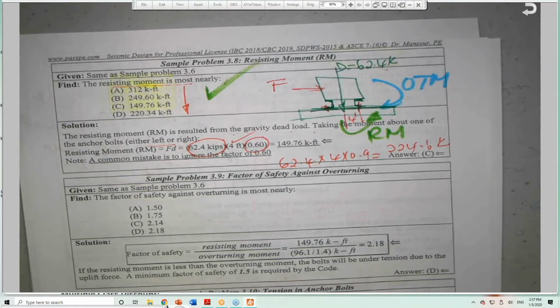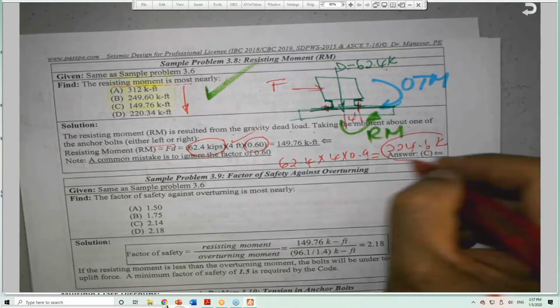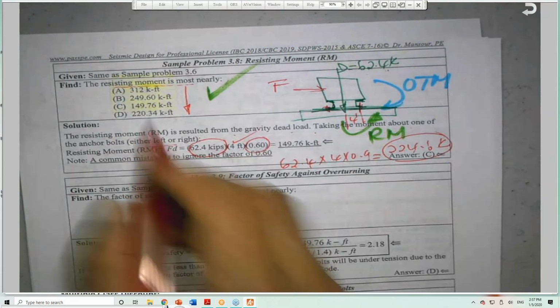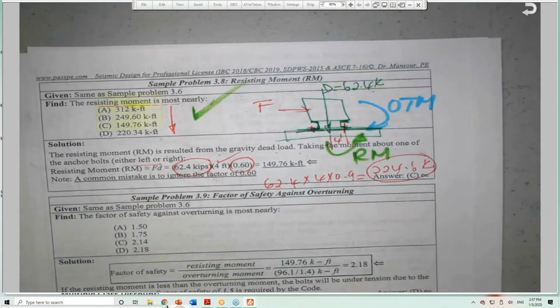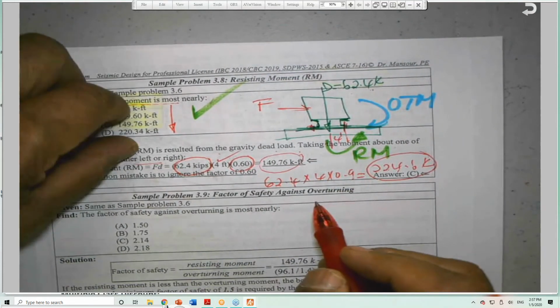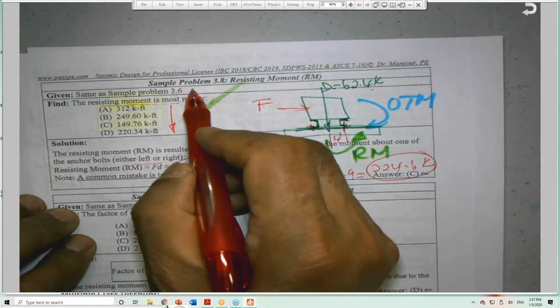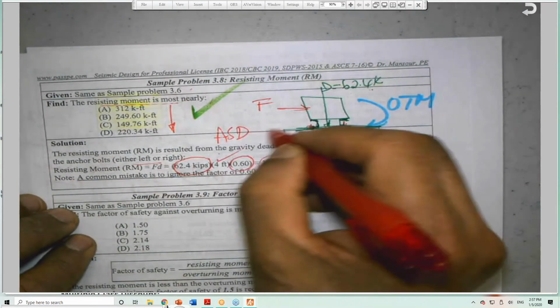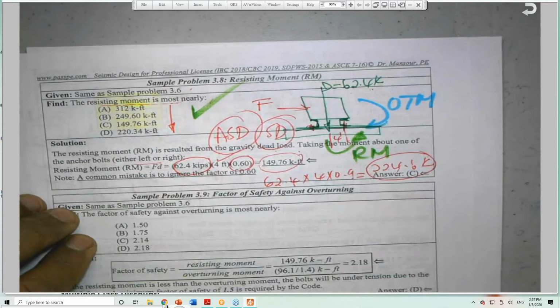Sometimes they are so tricky. They leave you alone. But your question is a valid question. And we are going to see something like that. If he included both answers, and some do that, if I included 224.6 and I include the 149.7, both of them in the problem statement, he has to tell you which one, the ASD or the strength design, the 0.9 or 0.6.